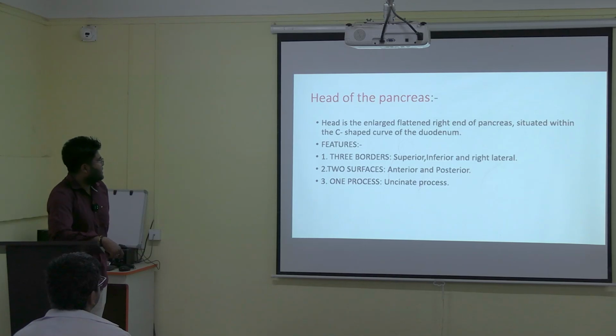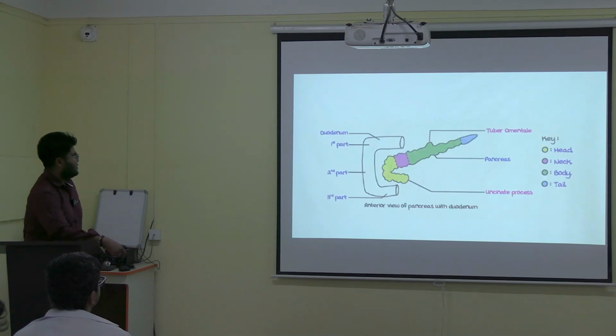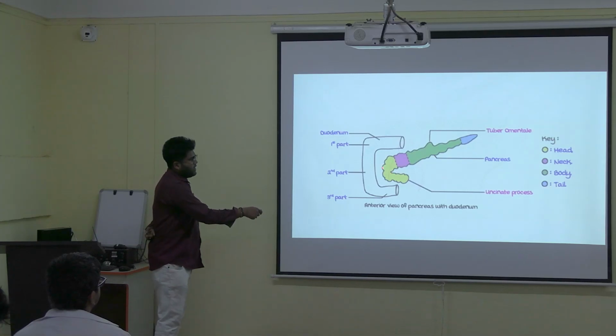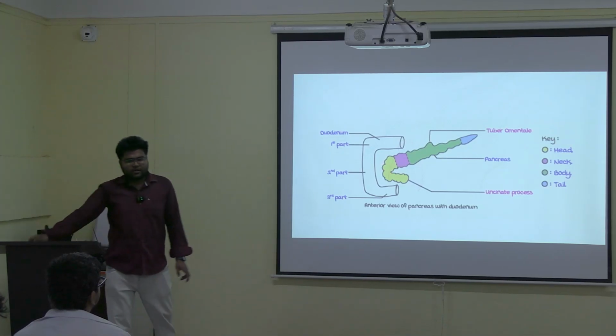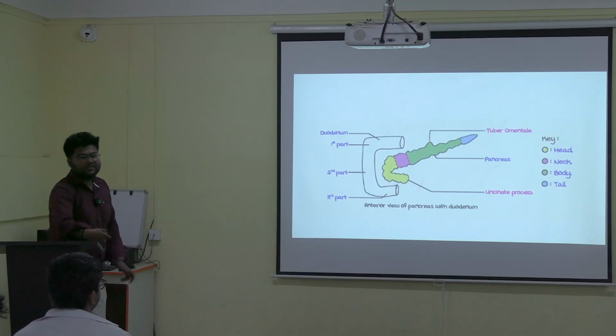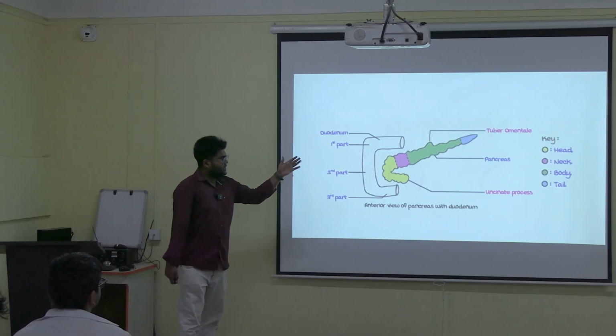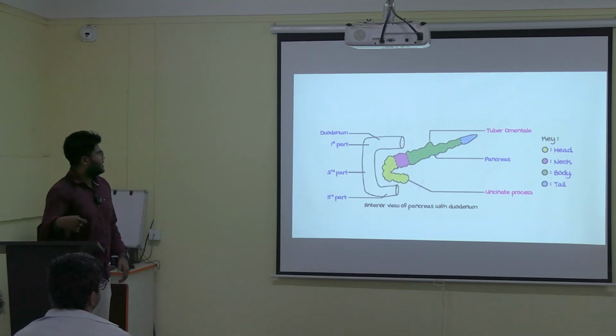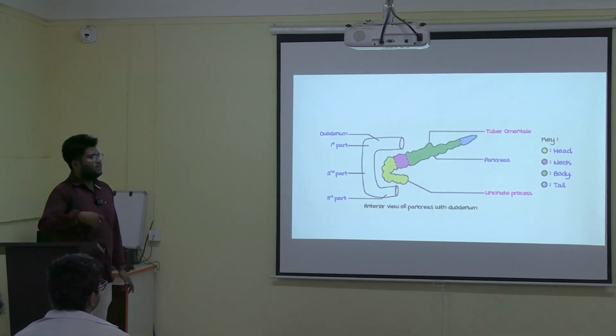Simply see how many borders there are here: superior border, inferior border, and another border, the right lateral border. So there are 3 borders and 2 surfaces, anterior surface and posterior surface.